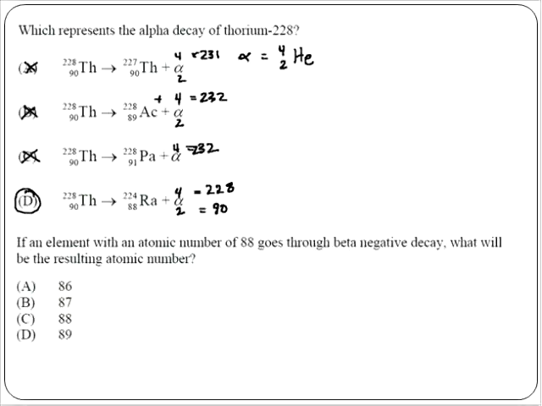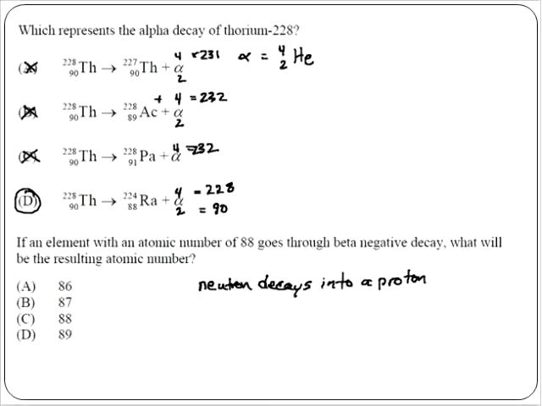Okay, next one. An element with an atomic number of 88 goes through beta negative decay. Now remember, in a beta negative decay, a neutron decays into a proton. You've got to try to remember that. A neutron decays into a proton and releases that electron in the process.